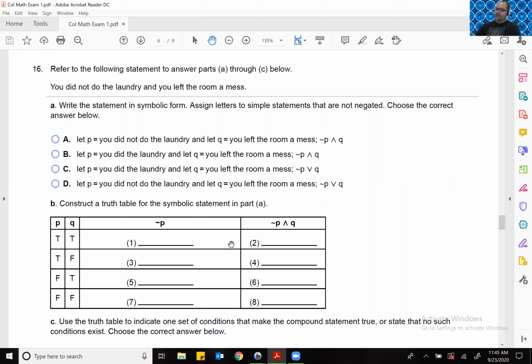So the first thing we need to do is turn this into symbols for part A and then select the correct one: A, B, C, or D.